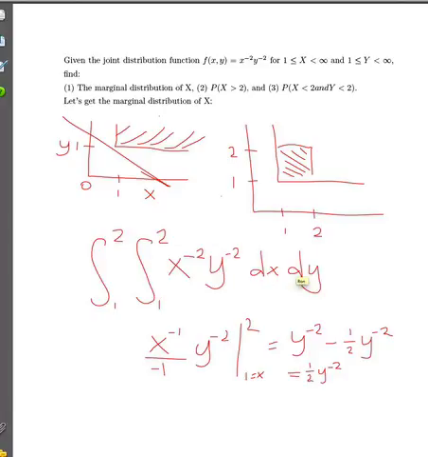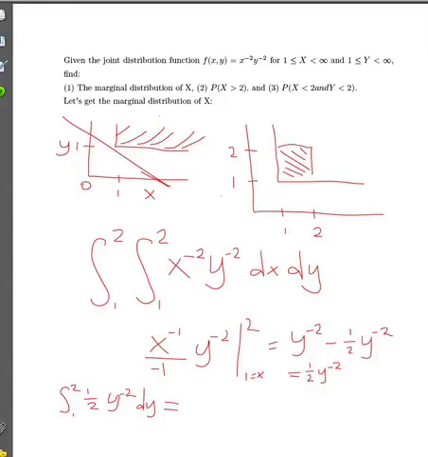Now we have to integrate that dy. So from 1 to 2, the middle part is 1/2 y to negative 2 dy. And that happens to equal, okay, put on your integral caps right now.